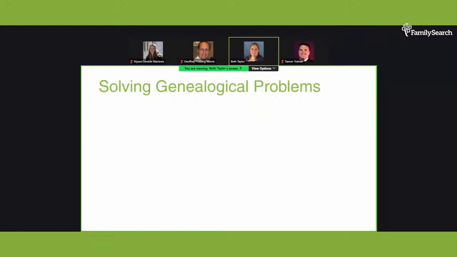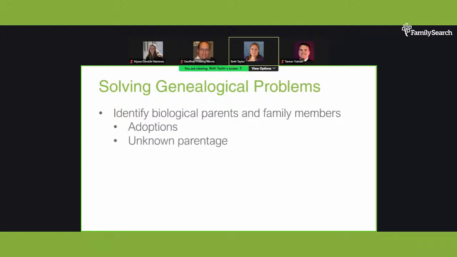Now, what we can do with our DNA, there's a couple things we'll talk about. First is to solve genealogical problems. There's a lot of different types of problems that you can solve. You can identify biological parents and family members in cases of adoption, when there's unknown parentage, a situation where mom's not even quite sure who the parent is, or it's never been recorded, kind of like what Jeff showed us earlier today.